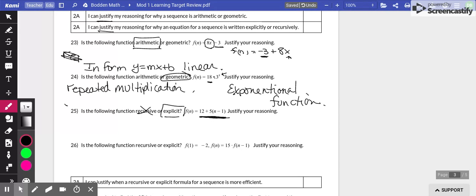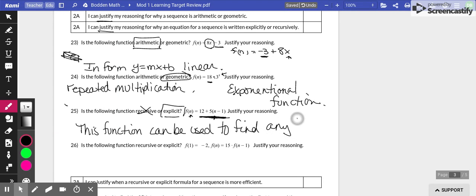So if I wanted to find the 100th term, I would just substitute 100 in for n, and I would get the 100th term. So my justification is this function can be used to find any term in the sequence.